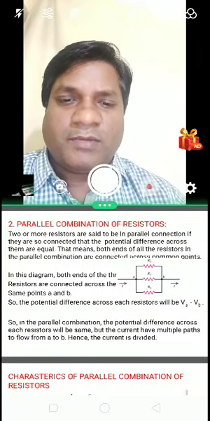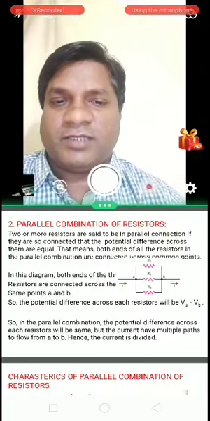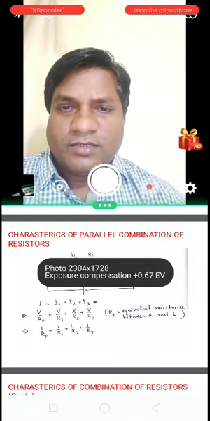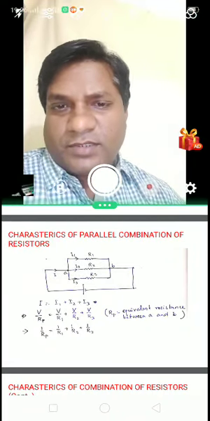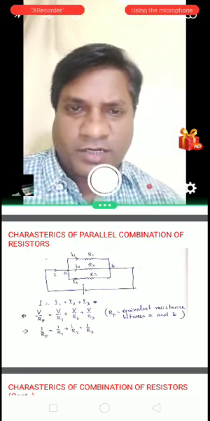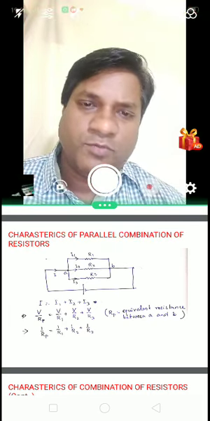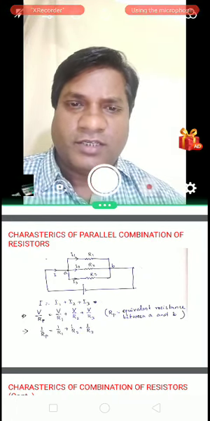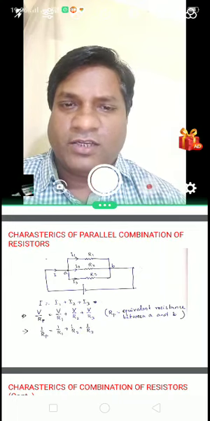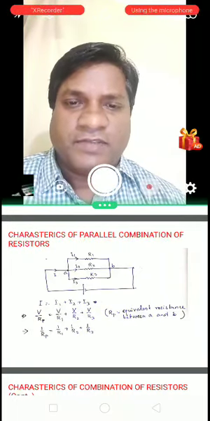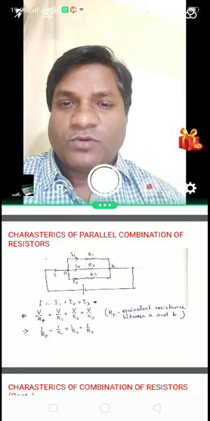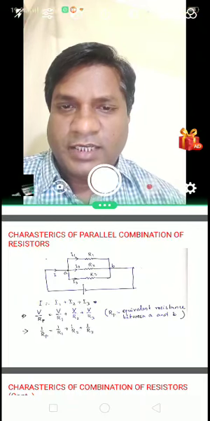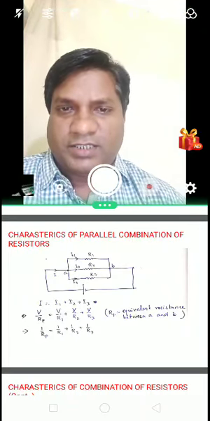Now let's discuss some of the characteristics of parallel combination of resistors. In this diagram, you can see three resistors connected in parallel between 2 points A and B. And then the combination of the resistors is connected across a cell of terminal potential difference V. Now the total current which is drawn from the positive terminal of the cell is divided into three parts.